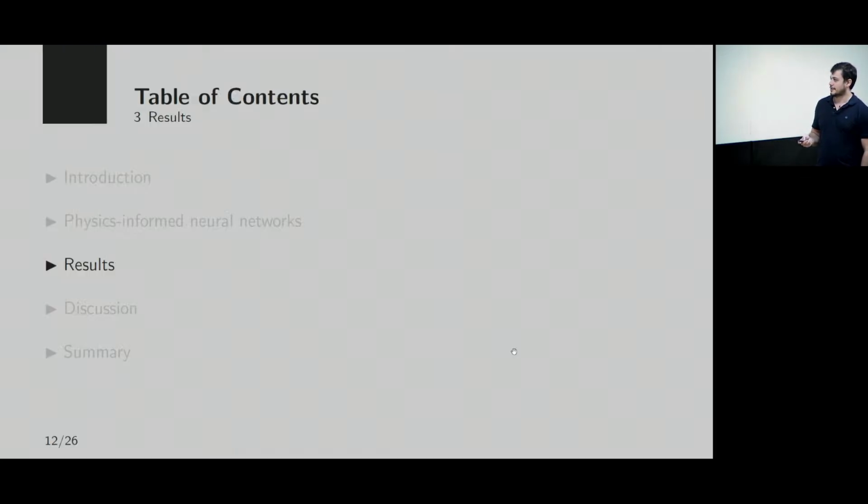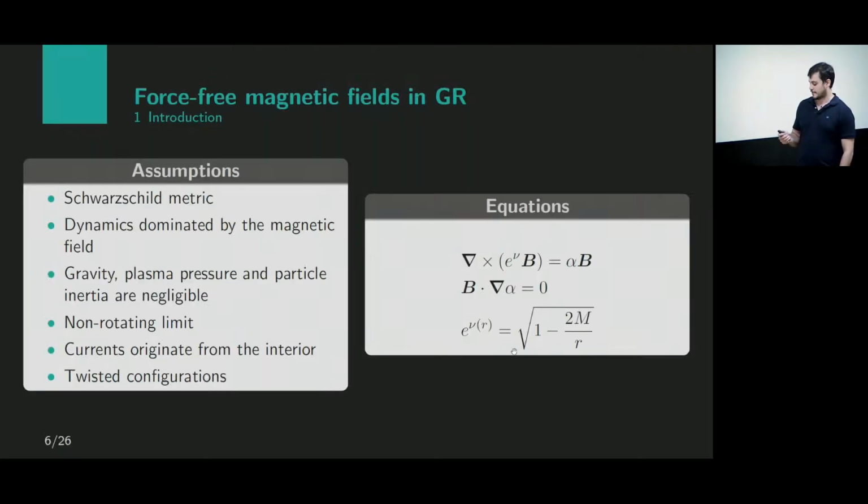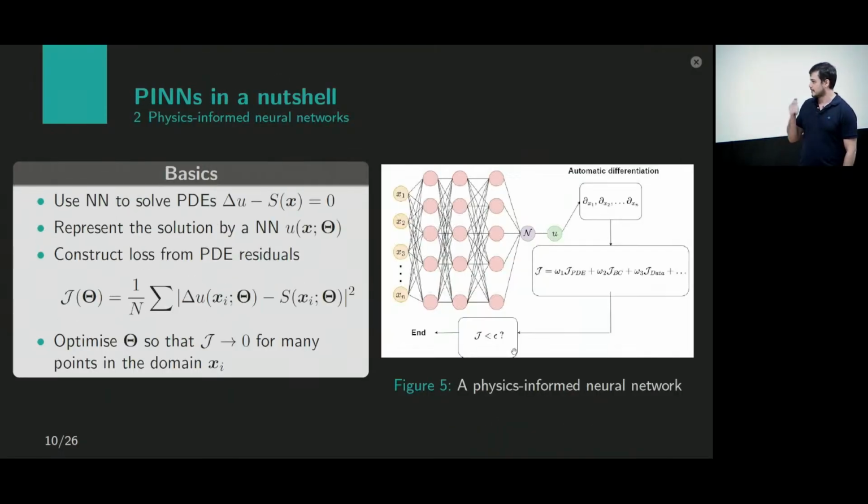So PINNs have some differences compared to more conventional machine learning applications, because you don't actually need a fixed training set, because you are not comparing predictions with data. You just need some random points in your domain, at which you don't need to know the solution.